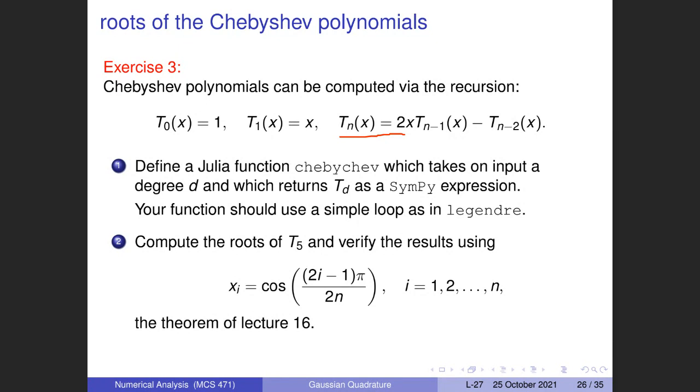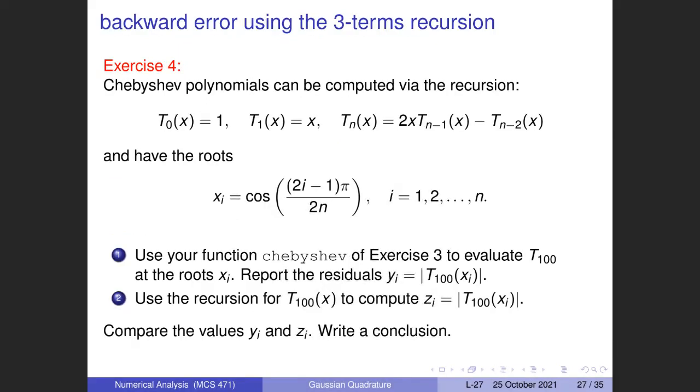All right, we know how to do Gauss-Chebyshev quadrature. Here is another exercise. We have our Chebyshev polynomials. We have the roots. Now do this not only for 5 points, but for 100 points. We have two representations for the Chebyshev polynomials. One would be the normal representation in the standard basis, 1, x, x squared, x to the power 3. But that's actually a very, very bad basis.